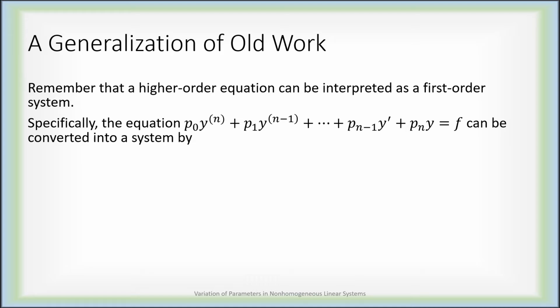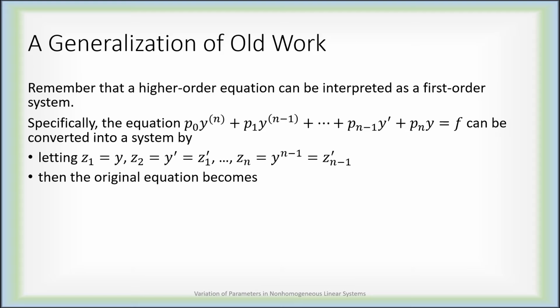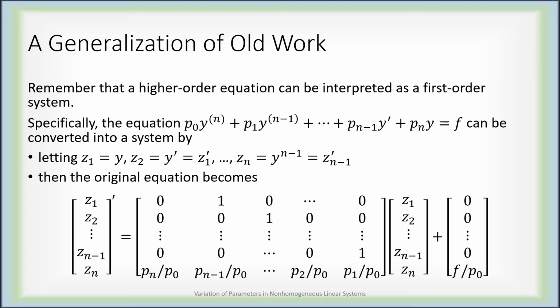We convert it into a first order linear system by setting z1 equals y, z2 equals y prime, z3 equals y double prime, and so forth, all the way up to zn, which is the n minus first derivative of y. So that gives me z1, z2, all the way up to zn. But what's zn prime? It would simply be the next derivative of y. So the original differential equation becomes this system.